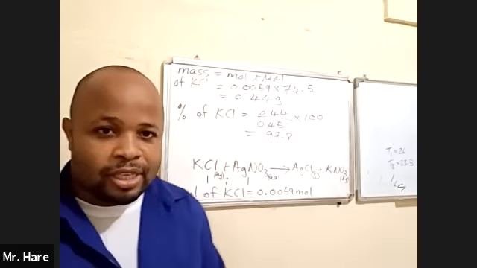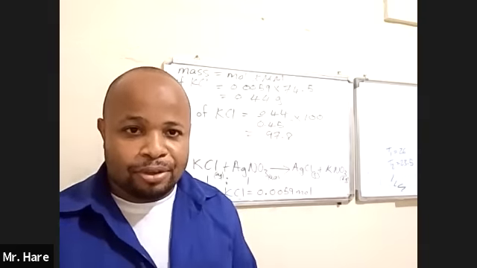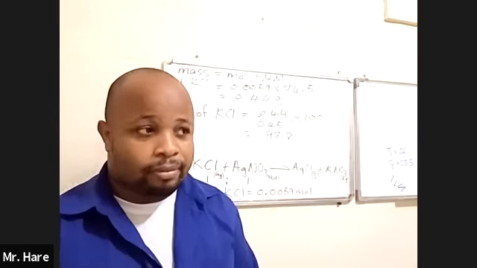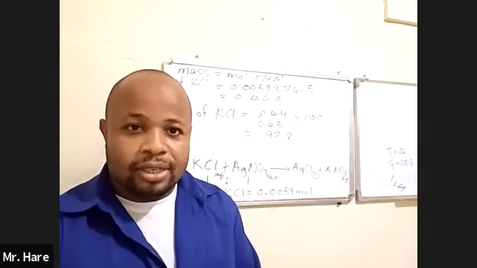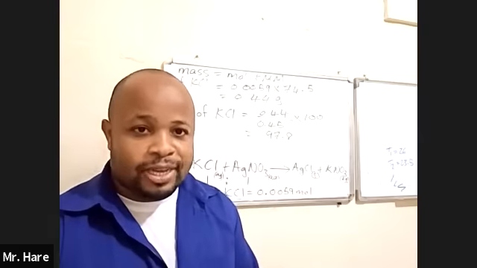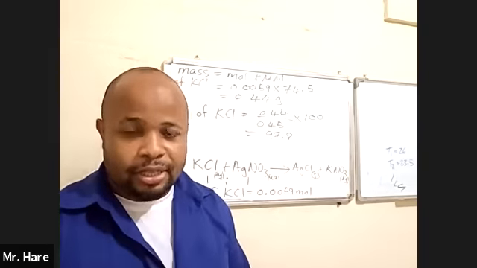The only difference is how we know when neutralization has occurred. For acid-base, the indicator changes color. For redox, the reagents change color. And for thermometric titration, we are using temperature readings.